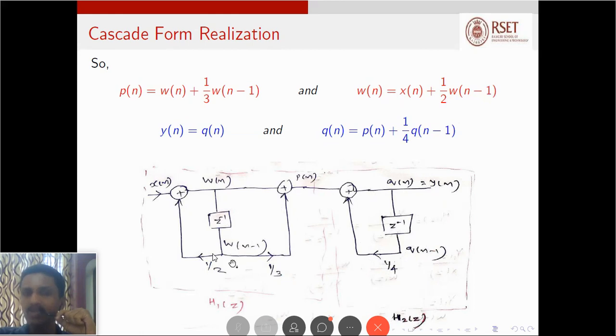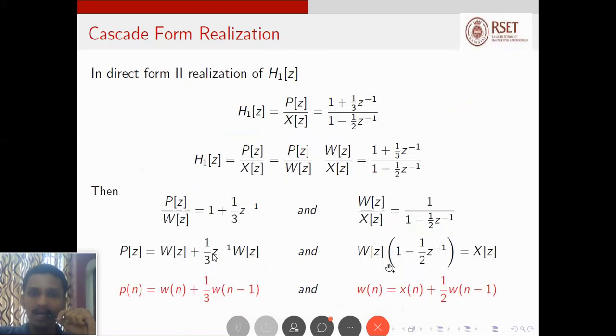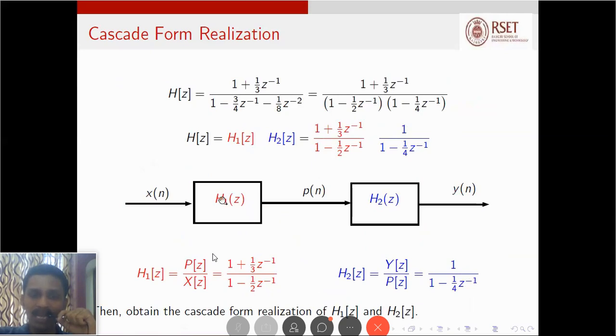These are the direct form 2 realizations of h1 of Z and h2 of Z respectively, and then cascade them. That is the idea of cascade form realization. If you are going for the block diagram, you can see h1 of Z and h2 of Z like this. If you implement h1 of Z and h2 of Z separately, the intermediate term will be p of n.